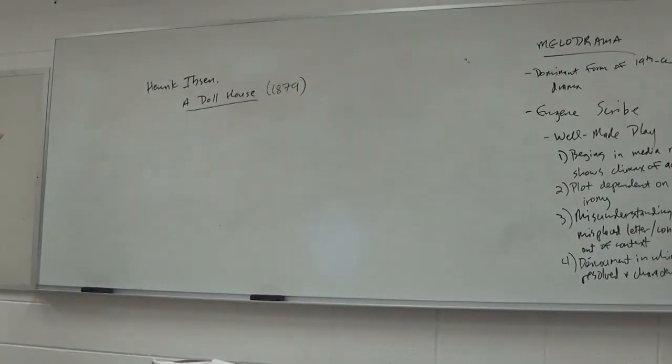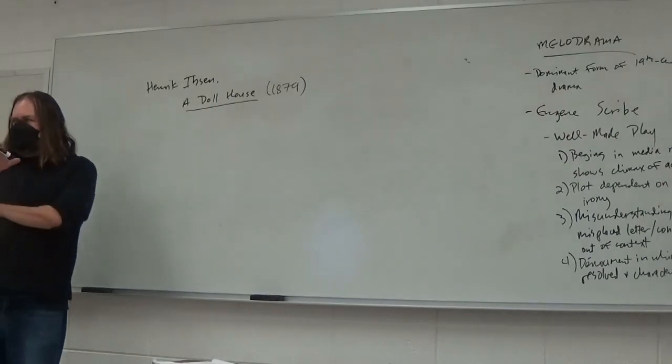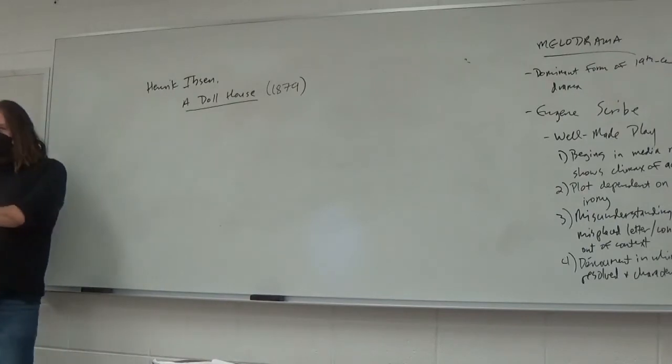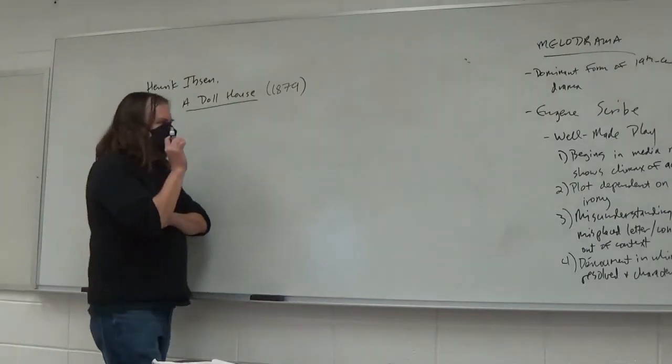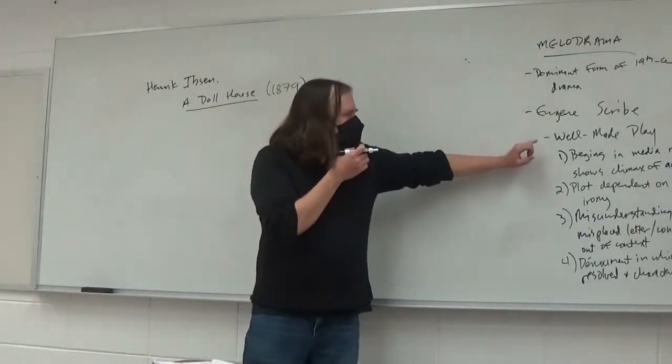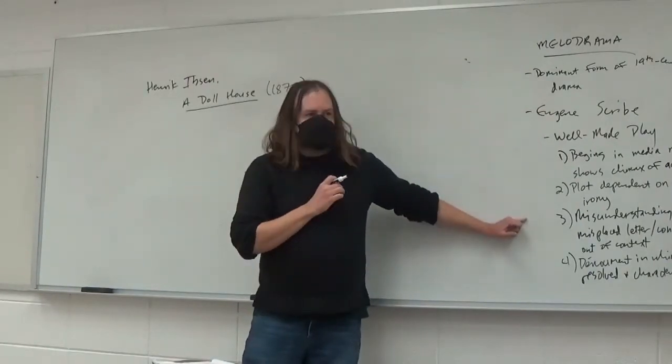And are any of you familiar with A Doll's House, with what the plot is? Has anybody read this before? Okay, so A Doll's House, up until the end of the third act, follows this well-made play structure pretty exactly, right?